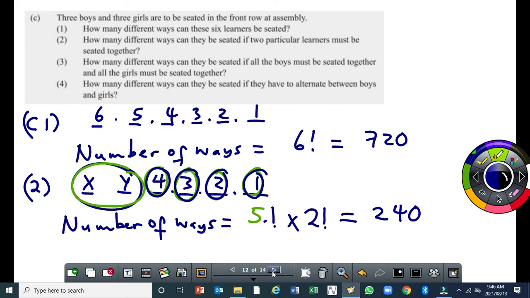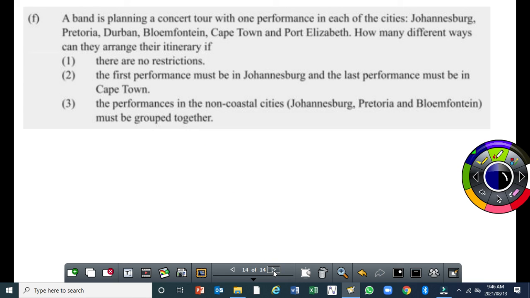Right. Let's get on to the current question. Have you done that? Yeah. Question F says a band is planning a concert tour. Unfortunately, it can't happen now. With one performance in each of the cities: Joburg, Victoria, Durban, Bloemfontein, Cape Town, and Port Elizabeth. How many cities do we have there? 6.